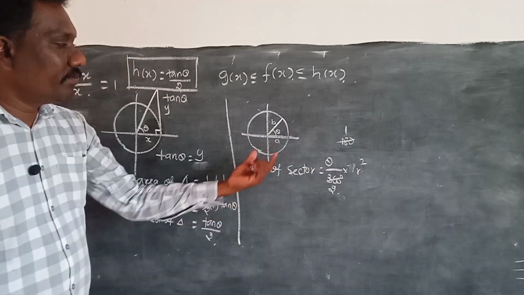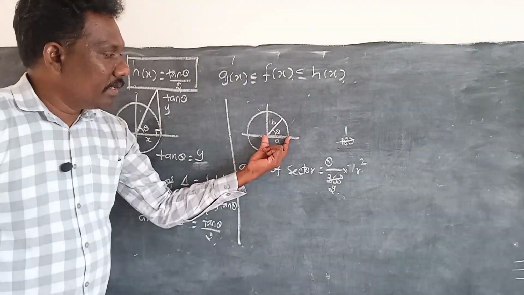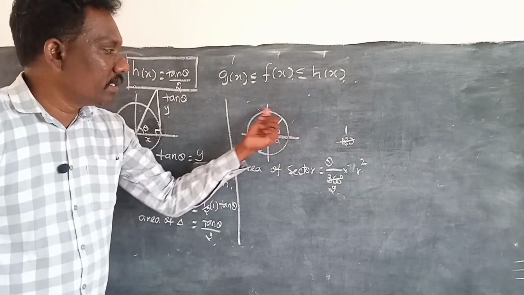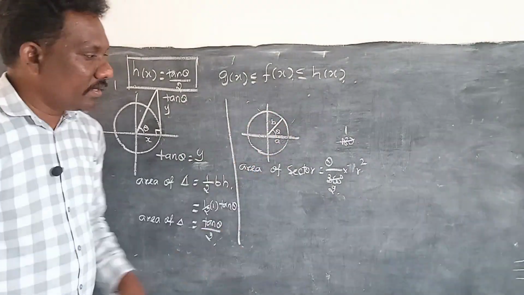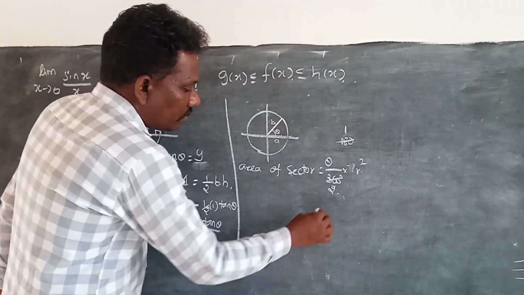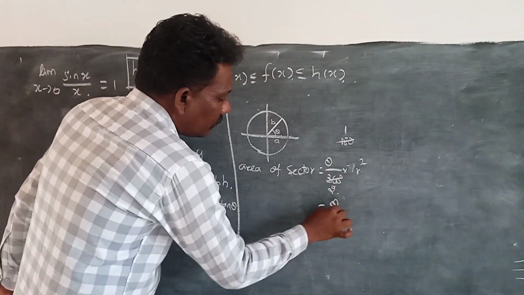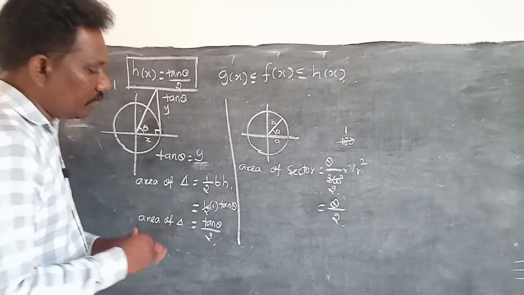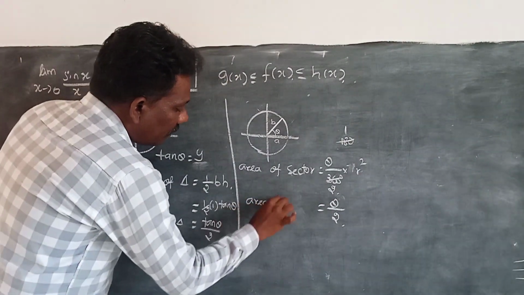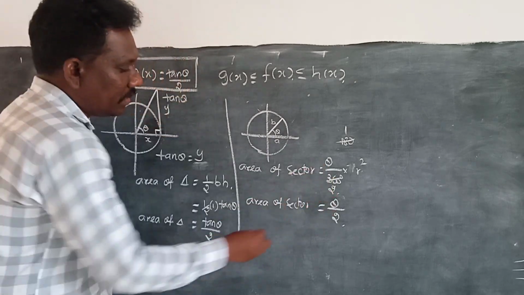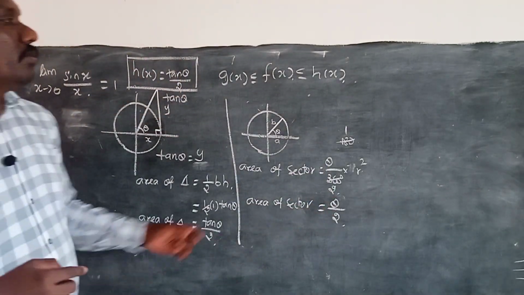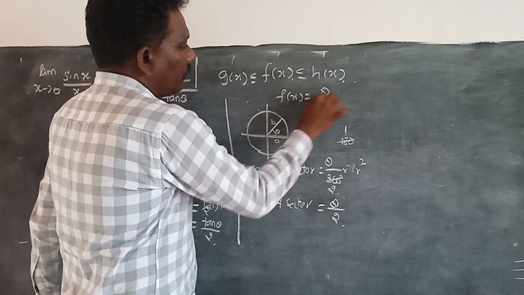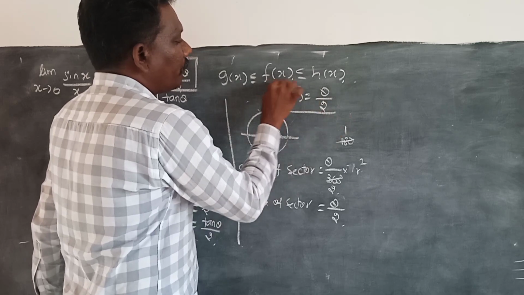R is the length of one of the sides of the sector, which is 1, because it is the radius of a 1 unit circle. So it's going to be 1. So what is left over is that the area of the sector is theta by 2. So this could be my function f of x. So f of x is theta by 2.